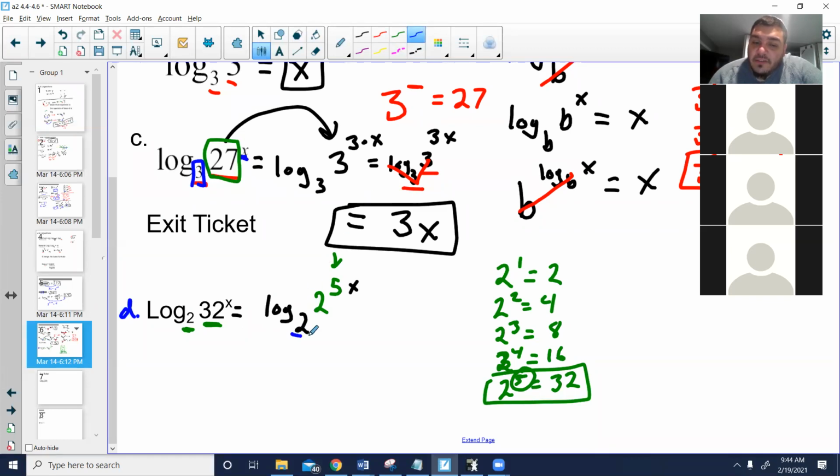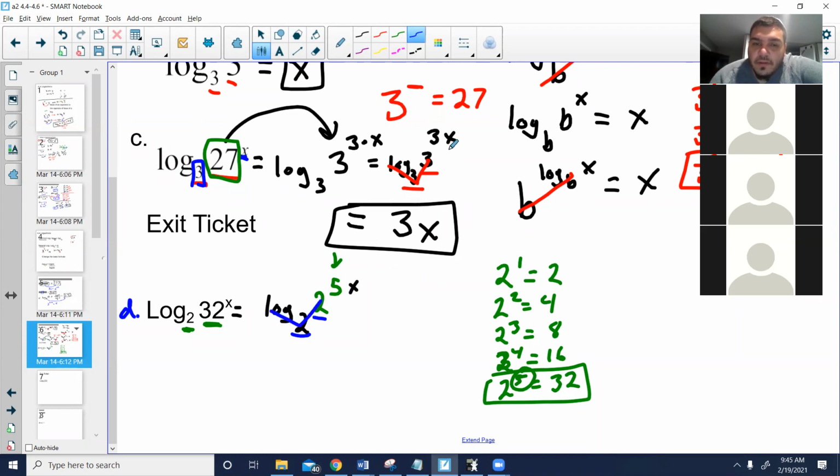So because this 2 and this 2 are the same, Nahum, what am I allowed to do? Multiply the 5 and the 2, like the logs. No, no, not multiply it. I'm allowed to cross them out.